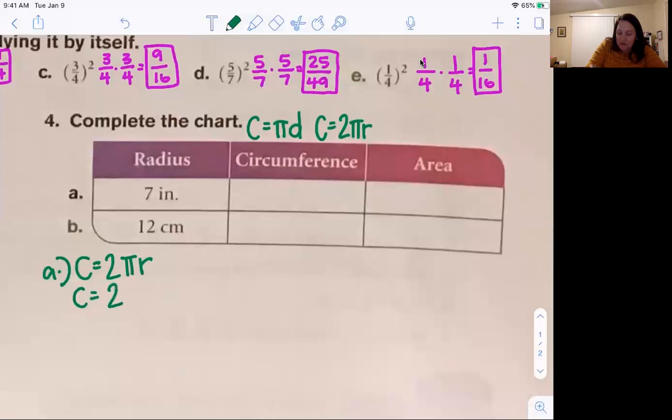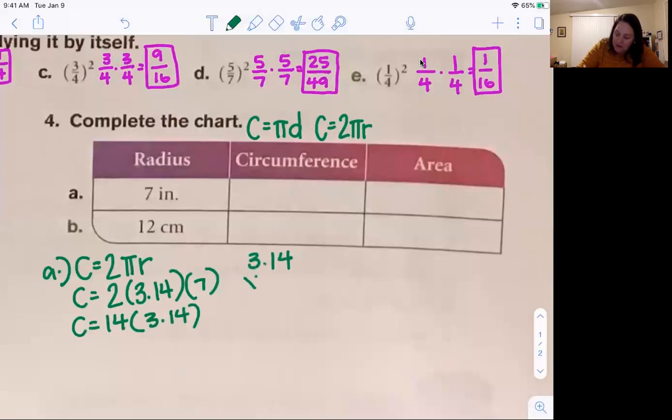Circumference equals 2 times 3.14, good, times 7. I'm going to do 2 times 7 first because that's one that I know right off the top of my head. C equals 14 times 3.14. And then I'm going to multiply. 3.14 times 14. 4 times 4 is 16, carry the 1. 1 times 4 is 4, plus 1 is 5. 3 times 4 is 12.